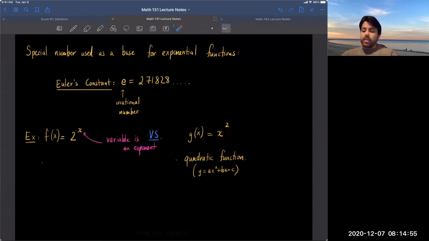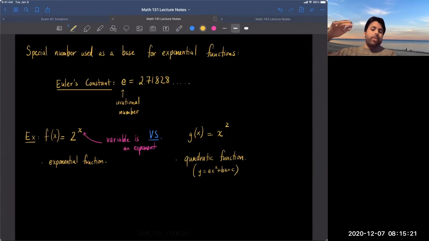Now, the difference here is that now let's say I switch these two numbers. What do I get? 2 to the x. And what is that going to be? It's no longer quadratic anymore. It's exponential. So it's different. Completely different. And then what kind of exponential function is it?